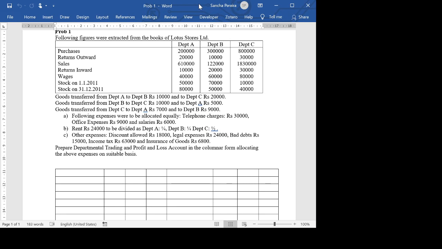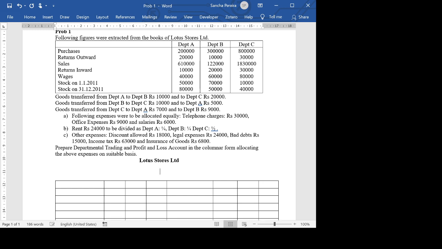Okay. So what I'm going to call this is departmental. Sorry, I'll put the name of the firm. Lotus Stores Limited. Okay.